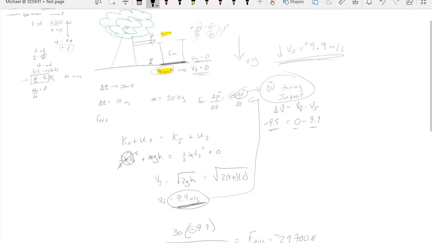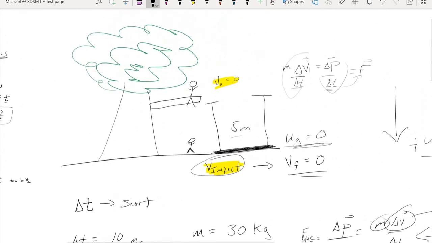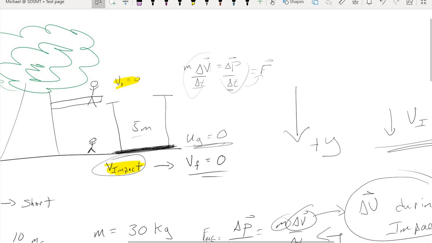That's a change that is negative. I had to slow down. The only way that that could happen is if the child encountered a force from the ground that pushed in an opposite direction from what they were traveling.